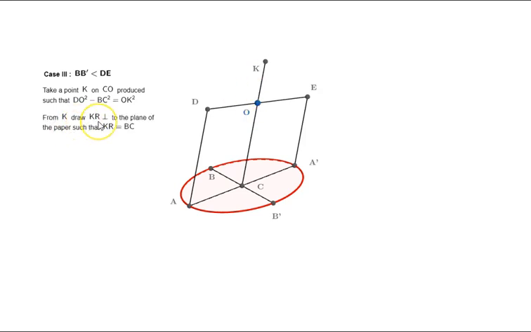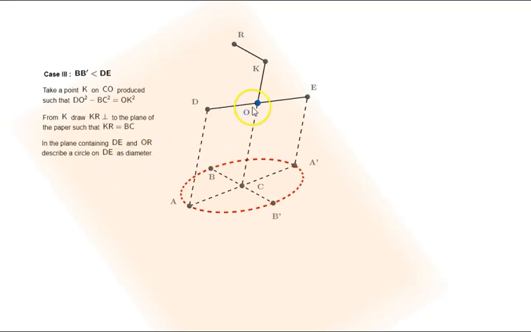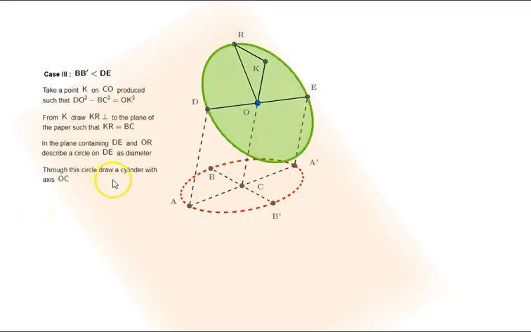From K, draw KR perpendicular to the plane of the paper such that KR is equal to BC. In the plane containing DE and OR, that is this plane, which contains both DE and OR, describe a circle on DE as diameter. Through this circle, draw a cylinder with axis OC.